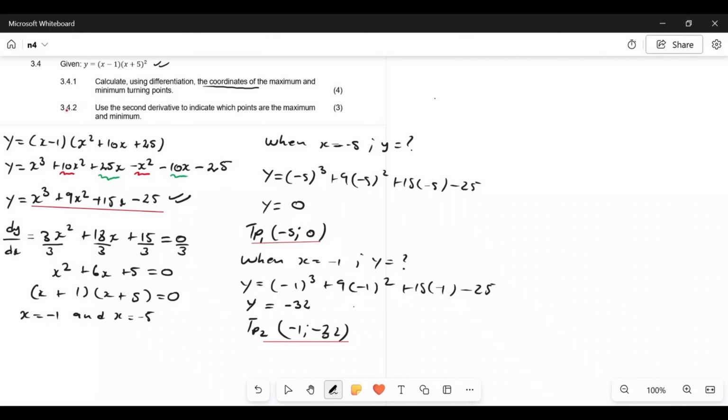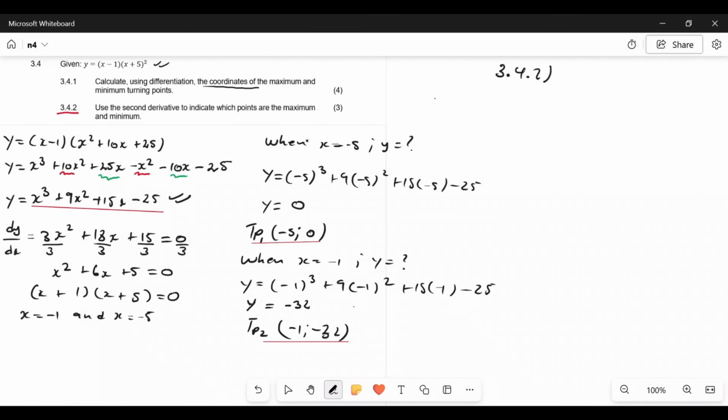The next question here, they want us to use the second derivative to indicate which point is the maximum and which is the minimum. So basically here, they want us to distinguish between these two turning points that we just got. Which one of the two is the maximum and which one is the minimum. So it's very simple. When you are distinguishing between these 2 points, you have to do the second derivative. So let me first write the number here, 3.4.2.